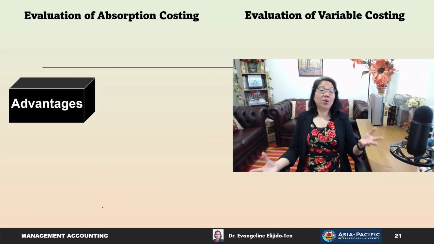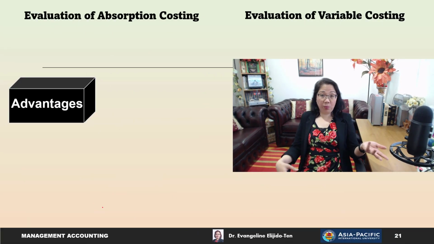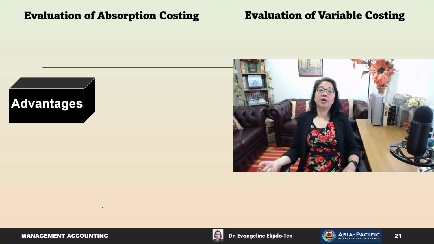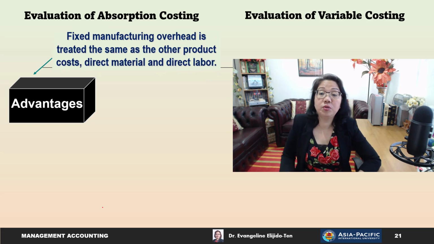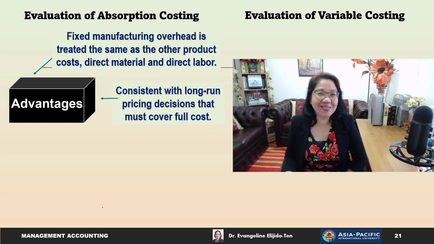All right, so in terms of evaluating both absorption costing and variable costing, we can say that both have advantages and disadvantages. Absorption costing is advantageous because fixed manufacturing overhead is treated the same as the other product costs like direct material and direct labor. It is consistent with long-run pricing decisions because in the long run, the company must cover the full cost.